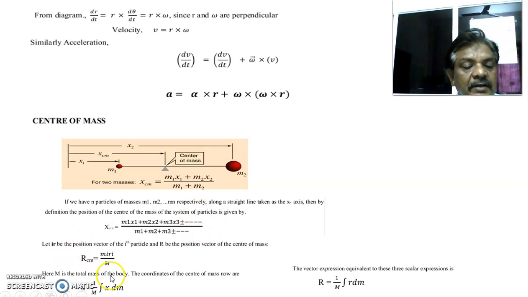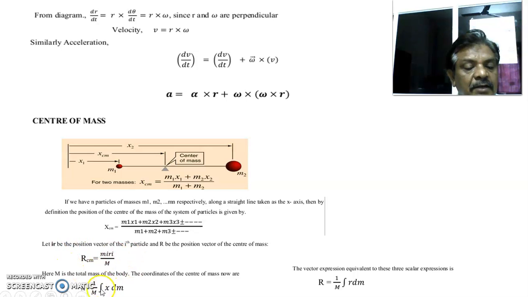In general, we can write rcm is equal to summation mi ri by m, which means m1 r1 plus m2 r2 plus m3 r3 and so on, by m1 plus m2 plus m3. This is the position vector formulation.